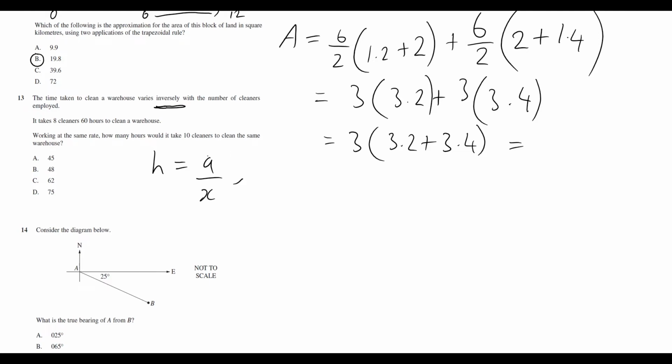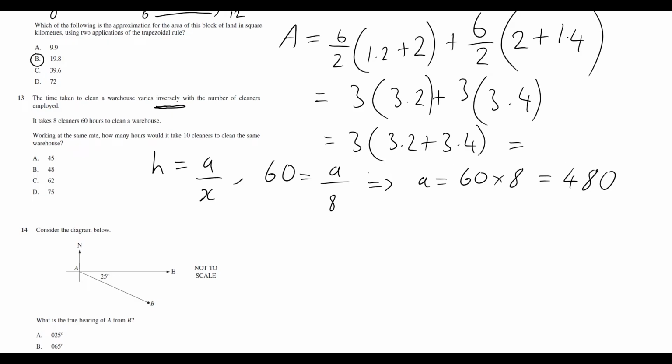So already given to us is the fact that it takes 8 cleaners a total of 60 hours to clean the warehouse. So what we can do is we can say 60 equals A over 8. All right, so what does that mean? Well, that simply means that A is equal to 60 times 8, which is of course equal to 480.